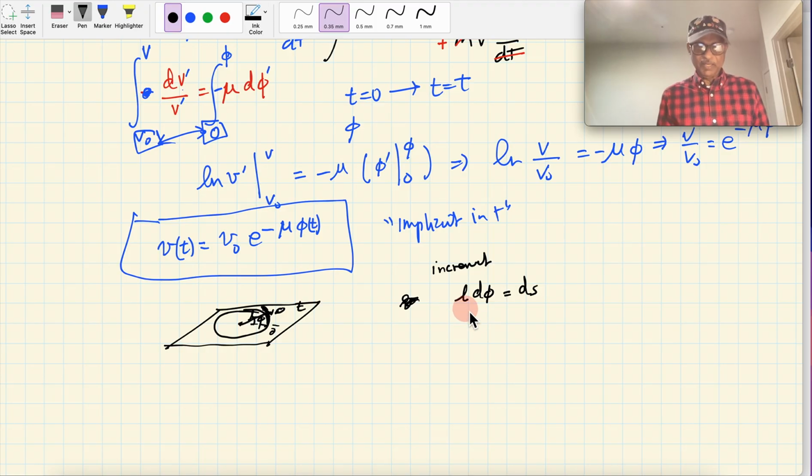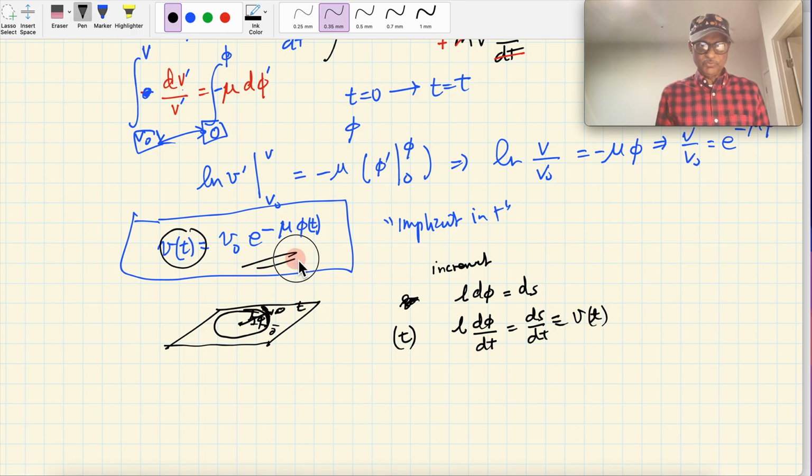So what do we have? We get L d phi/dt will be ds/dt. So this is the speed, the speed at time t. So this is the v at time t. But this one is in terms of phi.